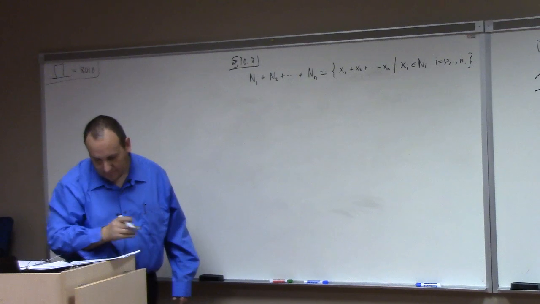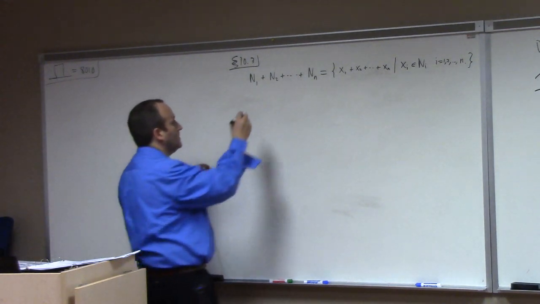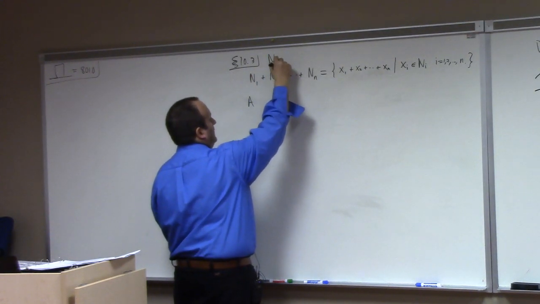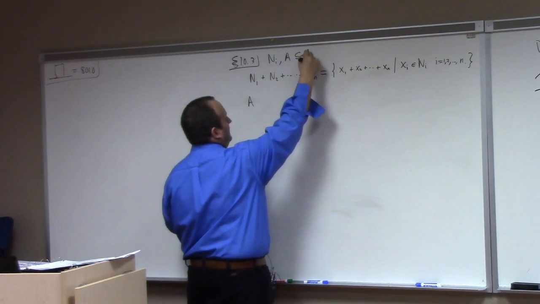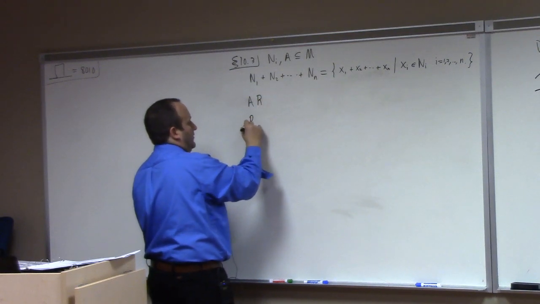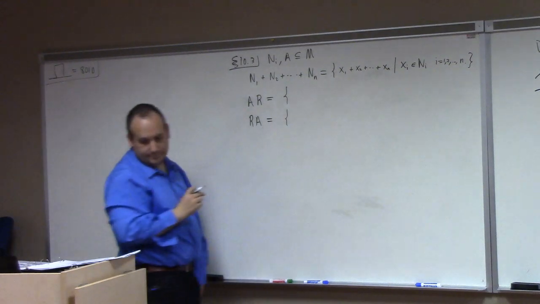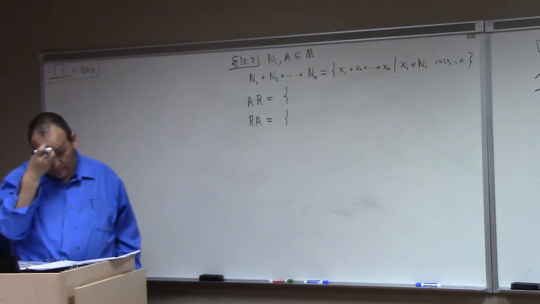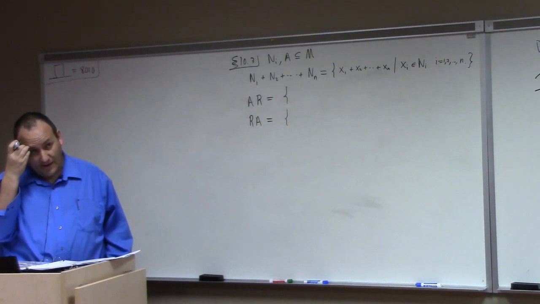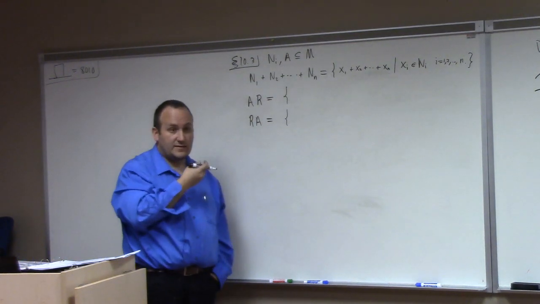We can also define RA. So if A is a set, and A is a subset of M, an R module, okay? AR or RA, we can define both of these things. What would these be? You might think just ra, where r is in the ring and a is in A, and then you'd be wrong.